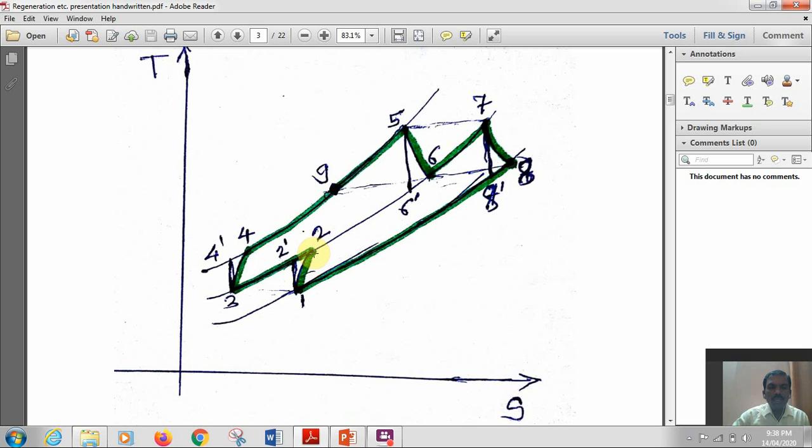Out of this, T2 you don't know. T2 dash you have just calculated by the formula, T2 dash upon T1 is equal to P2 by P1 raised to gamma minus 1 upon gamma, the isentropic relation between temperature ratio and pressure ratio. T1 you already know. Only T2 is unknown; efficiency and all other temperatures are known. You easily will be able to calculate T2.